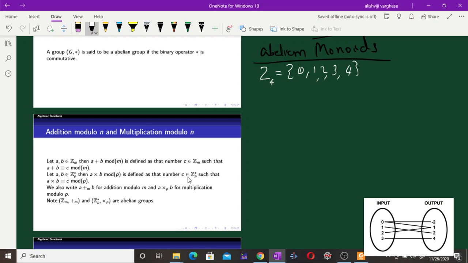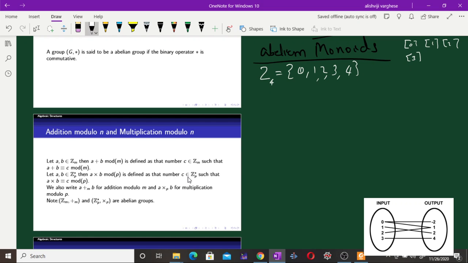We already discussed equivalence classes: the equivalence classes mod 4 are equivalence class 0, equivalence class 1, equivalence class 2, equivalence class 3, and equivalence class 4 is equal to equivalence class 0. So we just write down the representative members from here: 0, 1, 2 and 3.